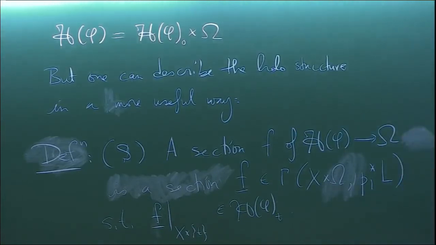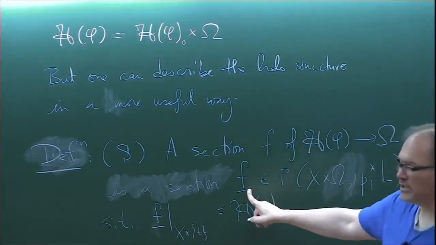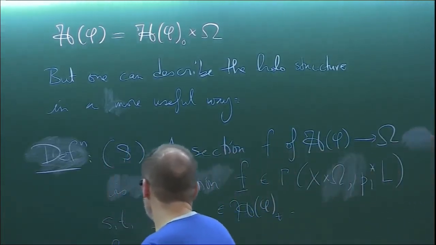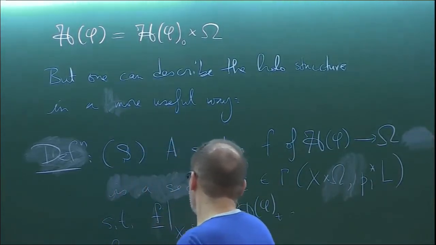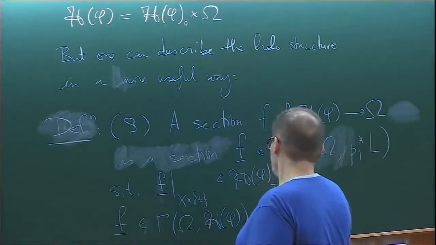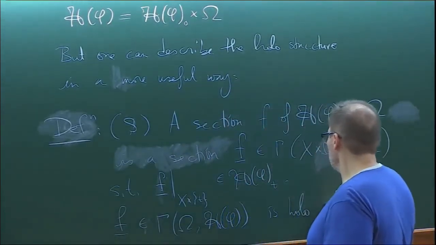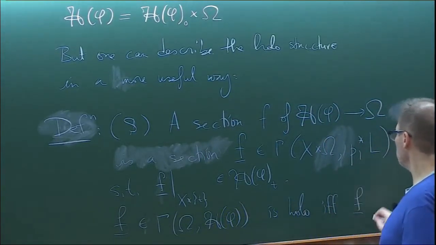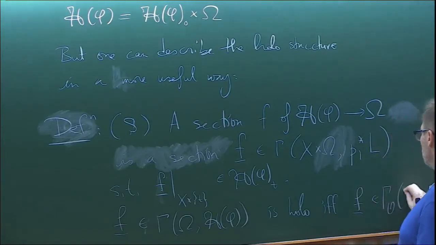And then you say that this section is holomorphic if this section is holomorphic. So we'll write it this way: F in gamma of omega, h of phi, is holomorphic if and only if F bar is holomorphic.